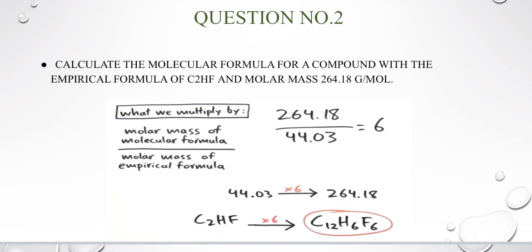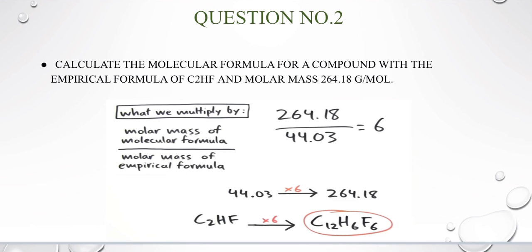We are going to remind ourselves of the formula, which in this case, as always, is the molar mass of the molecular formula divided by the molar mass of the empirical formula. So now, let's determine the numerator and the denominator of the equation. The molar mass of the molecular formula is written, it is equal to 264.18.